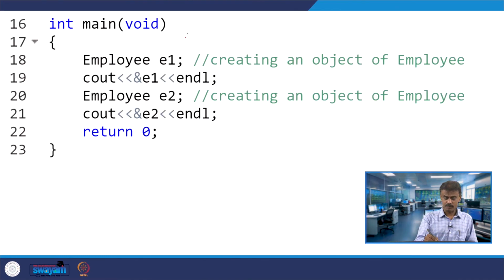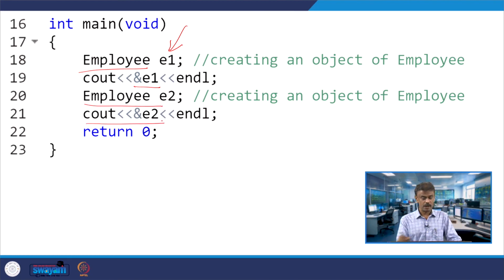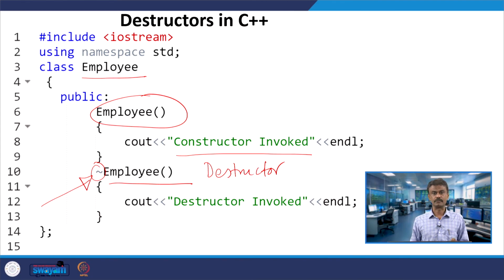Assume that you have an object E1 whose class is employee. You are just printing with cout the address of E1, and for another object E2, the address of E2. When you are creating an object, the constructor will be called and constructor invoked will be displayed.